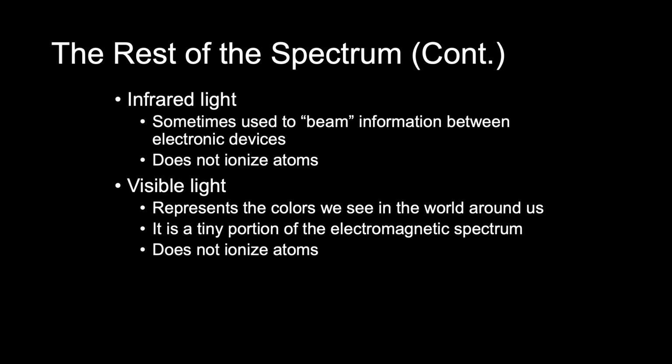It may also be used to send information between portable electronic devices like cell phones, computers, personal digital assistants, iPads, things like that. And again, infrared light does not ionize atoms, so it is non-ionizing.